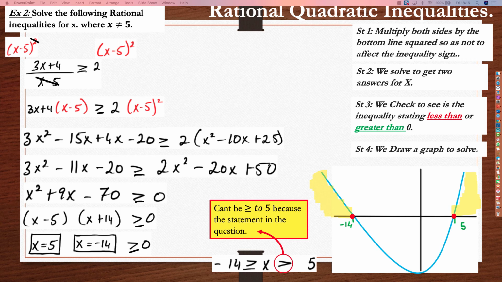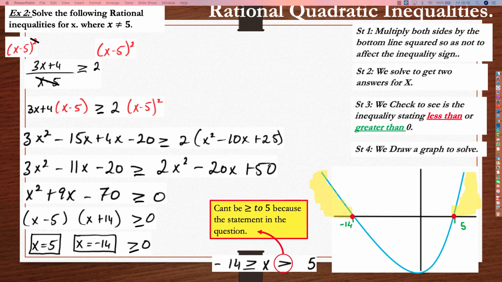Right, I want you to have a go. Have a go at the following. Have a go. (4x minus 1) over (x plus 2) less than 1.